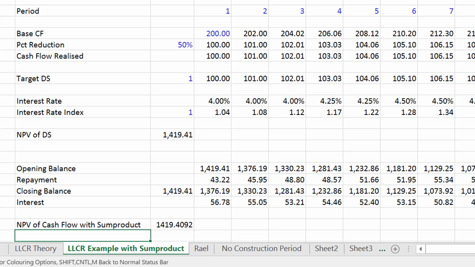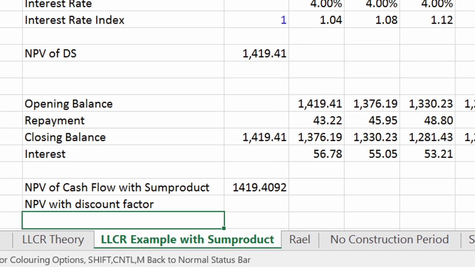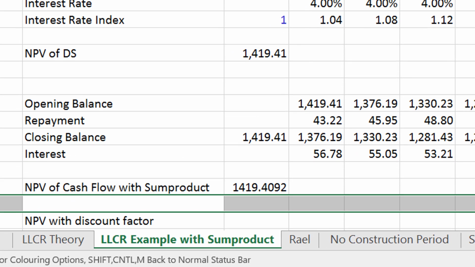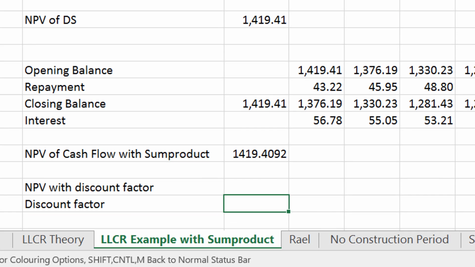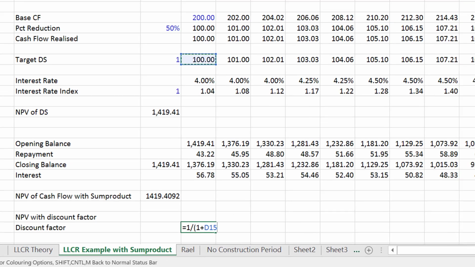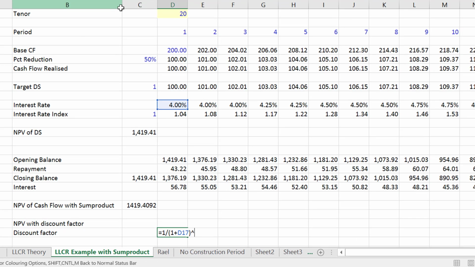Now, if we did NPV with discount factors, this is almost a waste of time, I hope you see the problem with it. We'll put the discount factor, and we just put equals 1 divided by 1 plus the interest rate raised to the period.